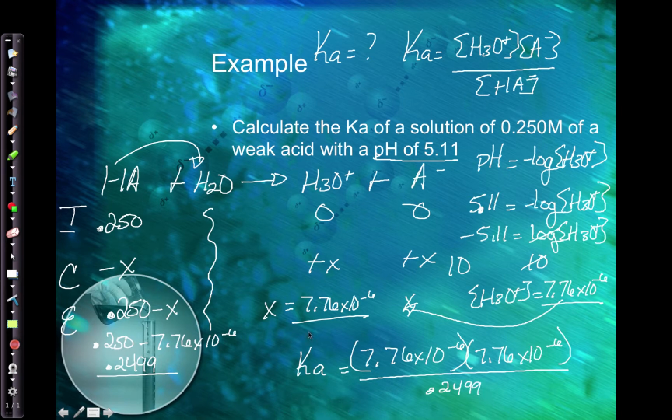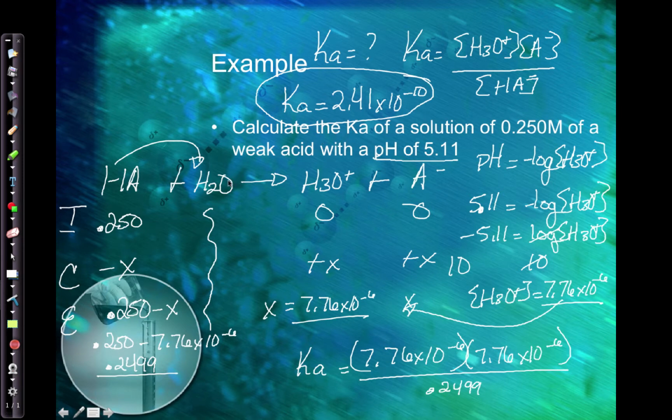And then after I do that, I will get my Ka value, and it is equal to 2.41 times 10 to the negative 10. All right, so there's my Ka value right there.